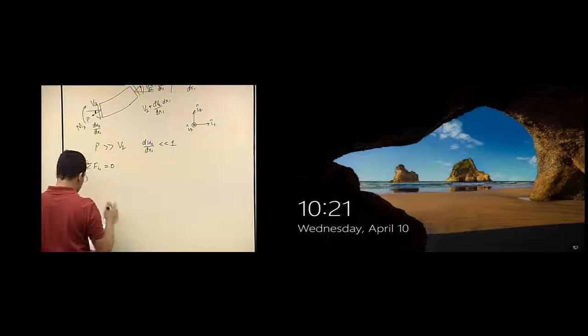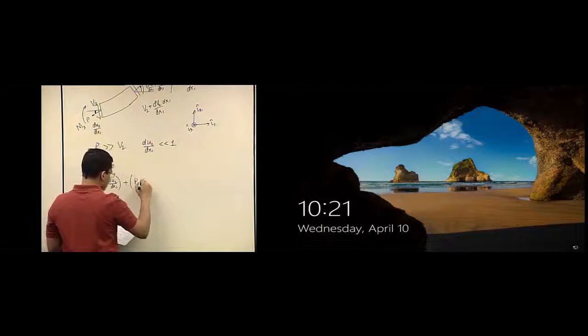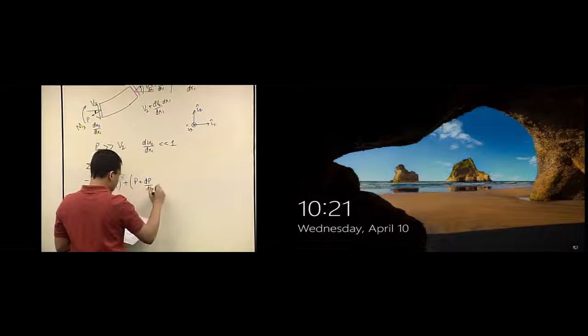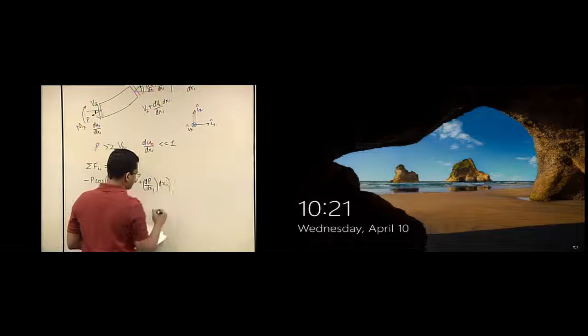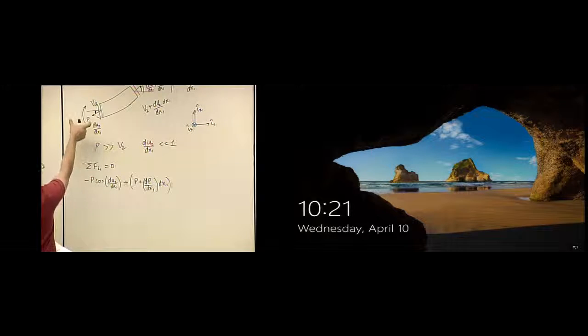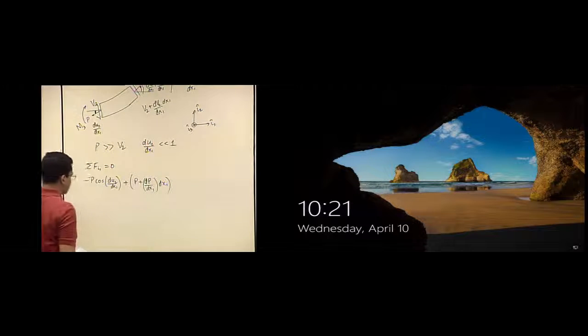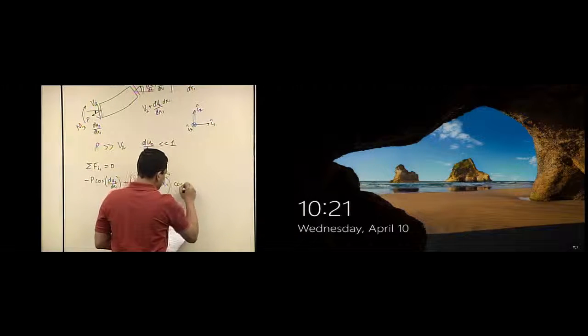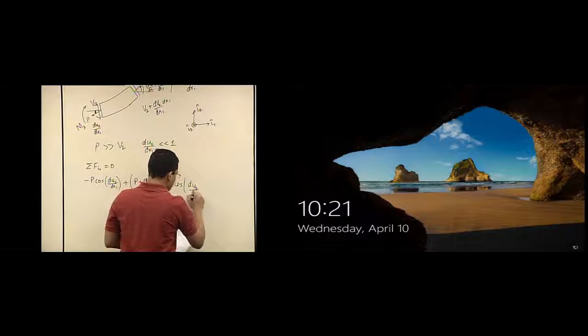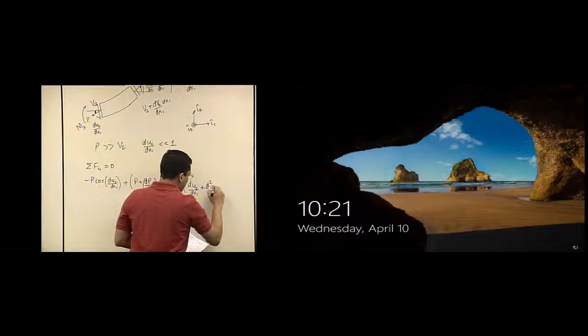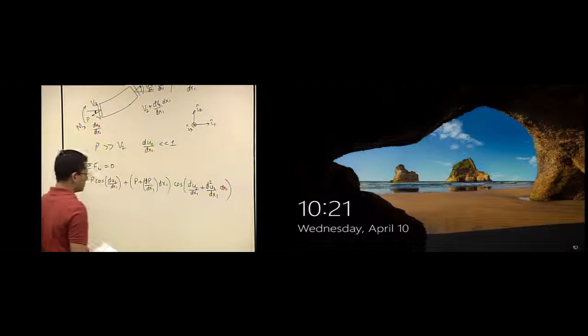That's my equilibrium condition. So this becomes minus P cosine of du2 over dx1 plus P plus dP over dx1 dx1. So a component of P along I1, then the component of this axial load along I1. So I need a cosine of du2 over dx1 plus second order derivative of u2 with x1 dx1, right?